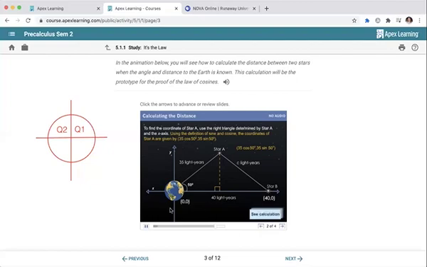We know the angle here is 50, and knowing that this is 35 light years and knowing that this is our angle, we can use our definitions for sine and cosine to figure out our coordinate where star A is going to be.